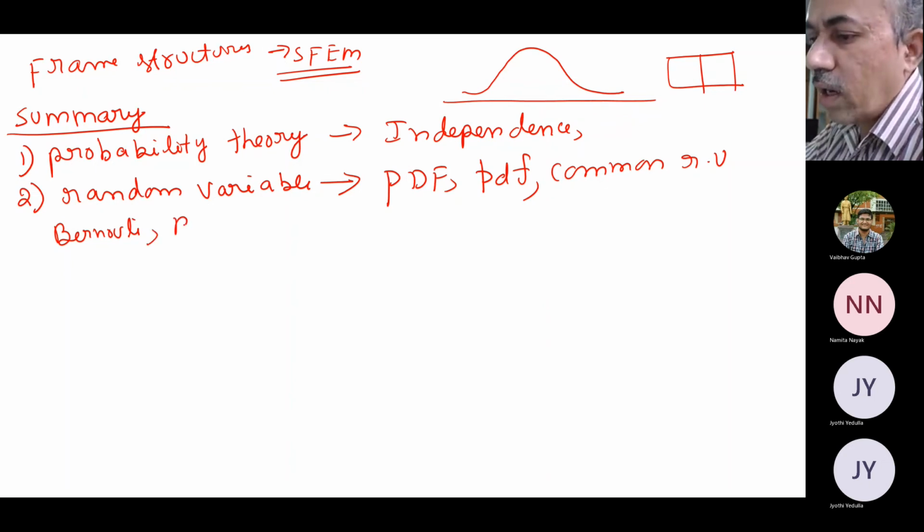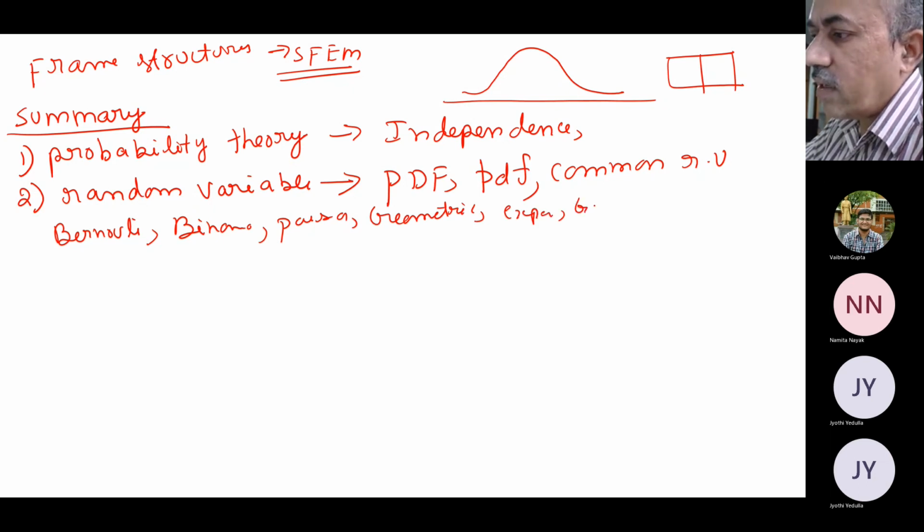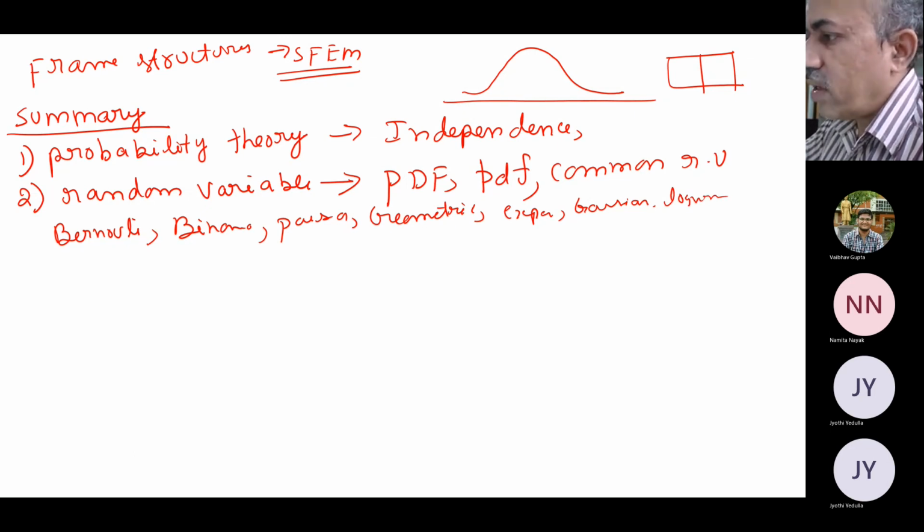So we have discussed Bernoulli, binomial, then Poisson, then geometric random variable. So many things we have seen. Then exponential, then Gaussian, and Gaussian leads to so many things actually. Log will give log normal, where e to the power of x comes in. Then the square of a Gaussian is what?